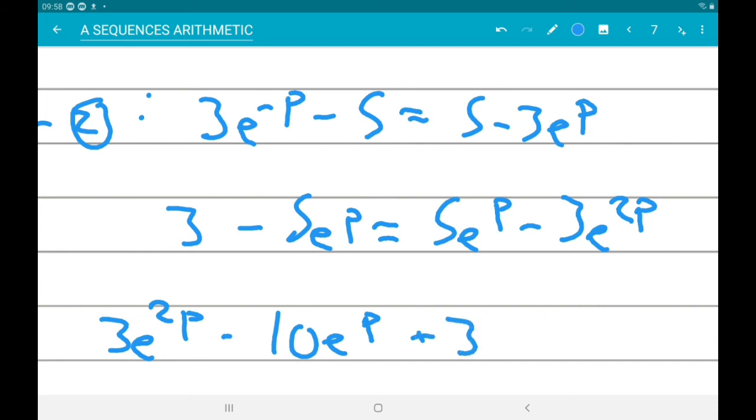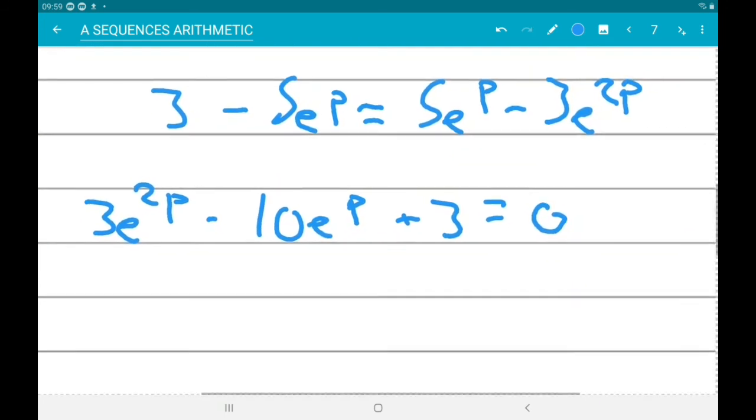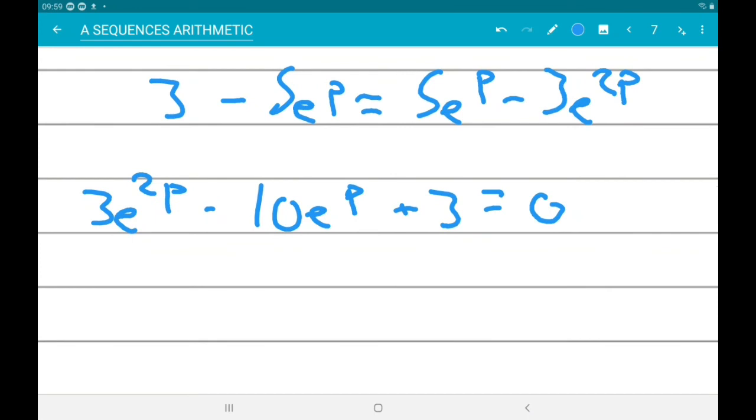Alright, now at this point, we can use substitution, which might make it look a bit less scary.